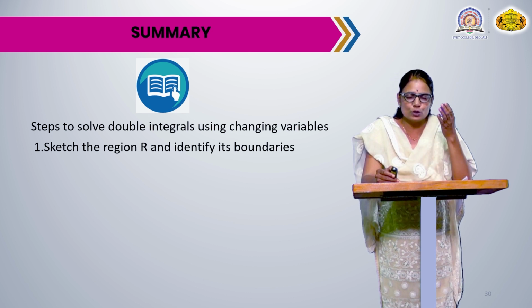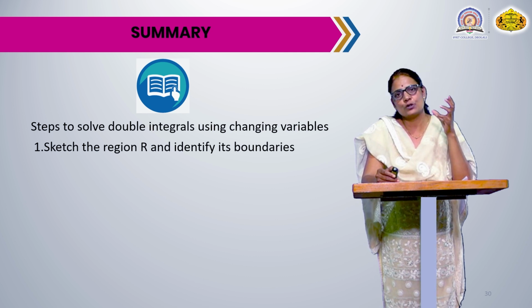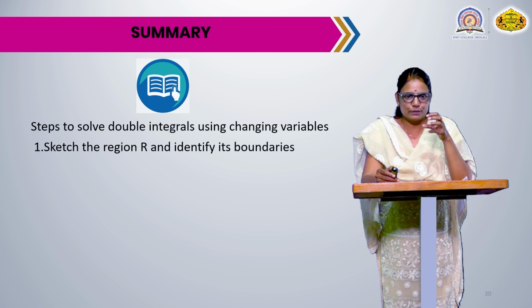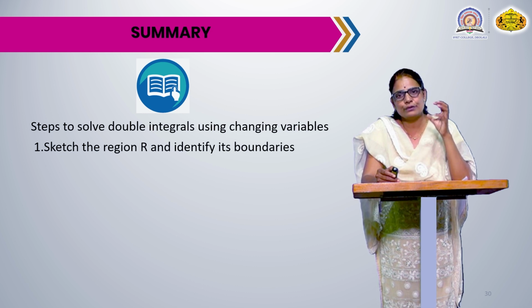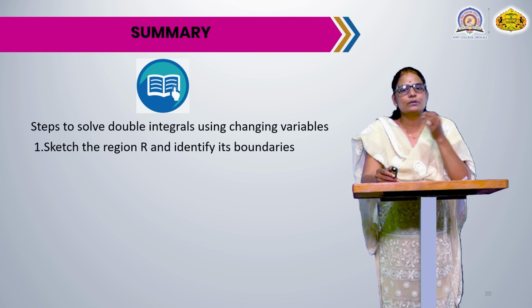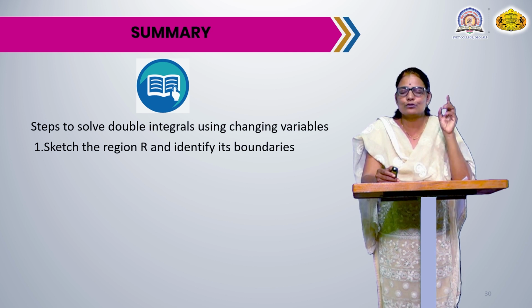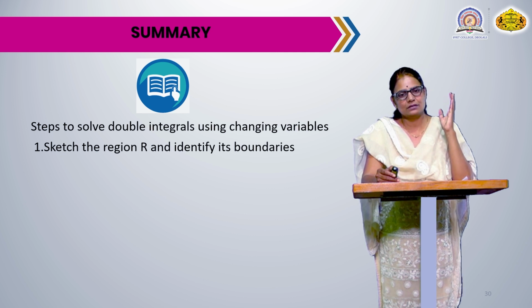But if it is not given, in that case observe the limits of the integration and the function carefully, and using that you can write the appropriate transformations. After writing the transformations, write the region of integration. So to solve a double integral by the substitution method, the first step is that we should know the transformation.